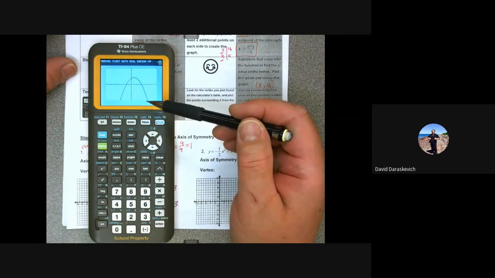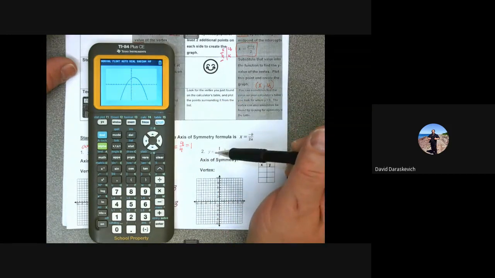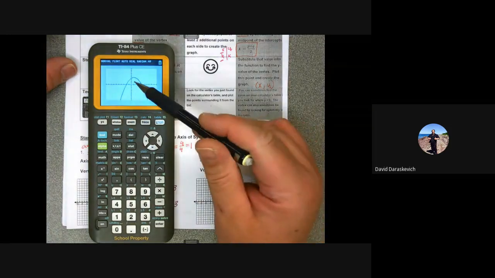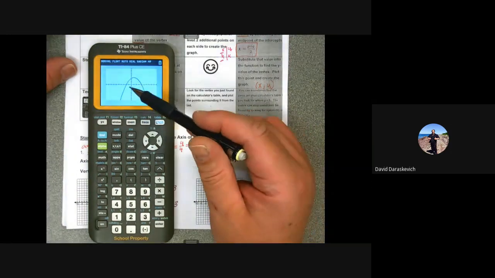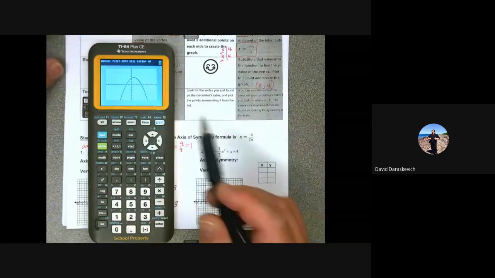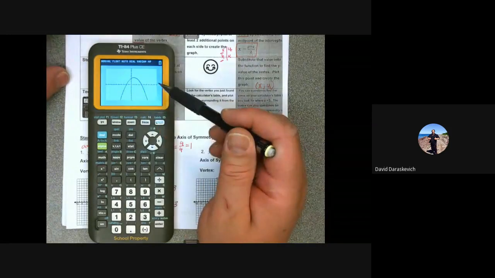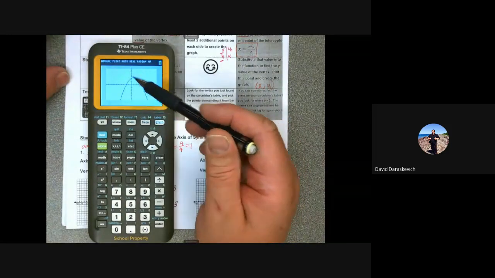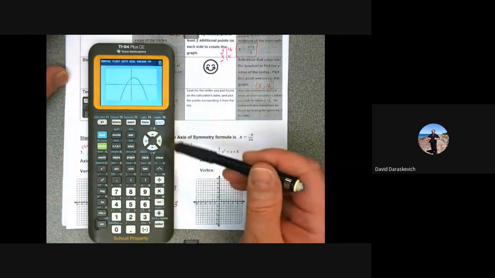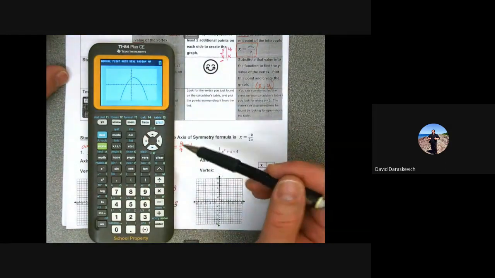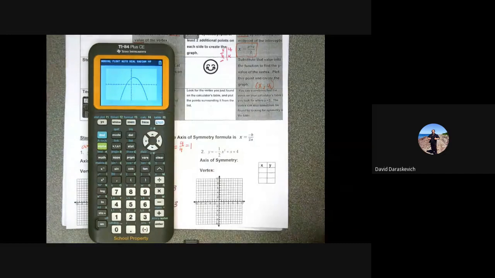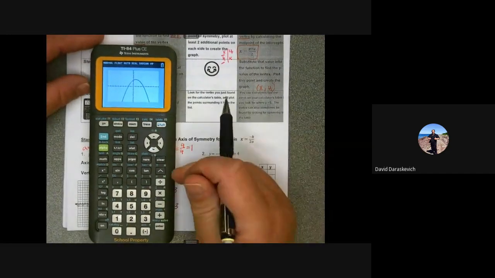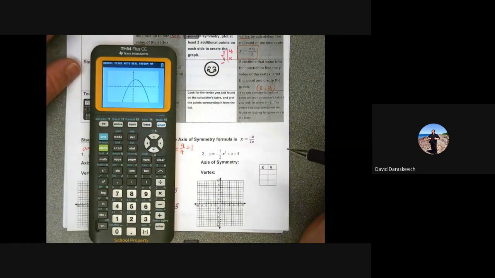We're lucky. Many times we have to play with the windows to get our parabola to come up on our calculators. Remember, this is only going from negative 10 to 10, negative 10 to 10. If my parabola is down here somewhere, it's not going to show up. That will happen with application problems, might even be the next section. I can't remember. Okay, so there's my parabola.